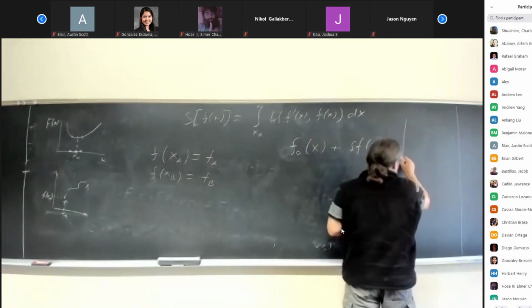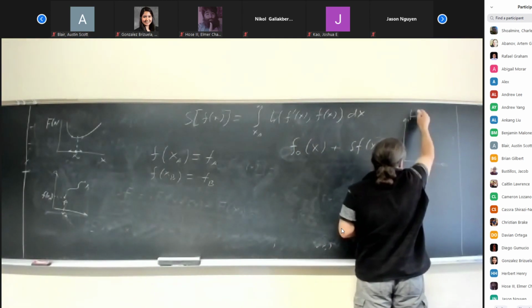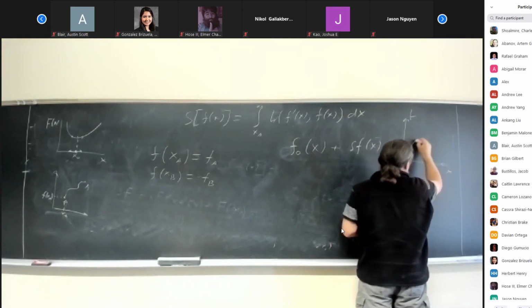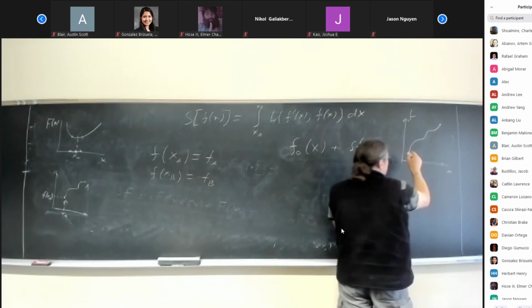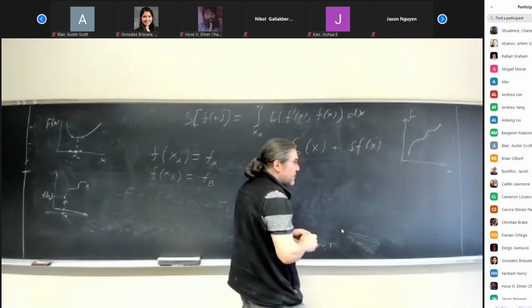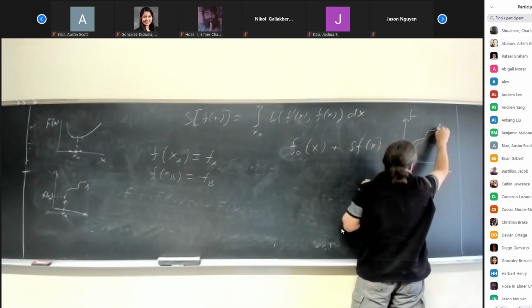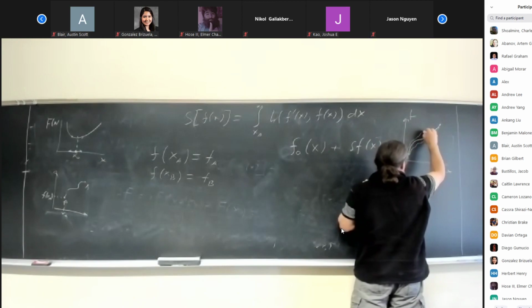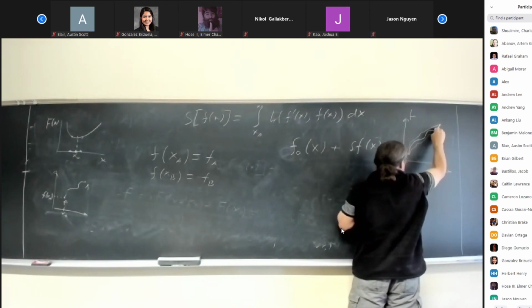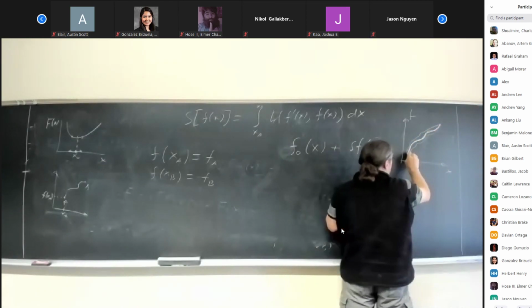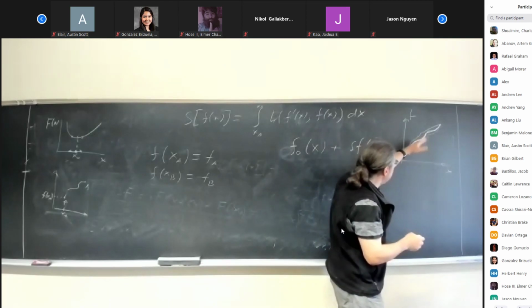So if I have this function f of x, and I know that this is my minimum, that function provides my minimum. Then let me consider a function which is very close, this one, or this one. So this is my solution, and I need to consider the functions which are nearby.